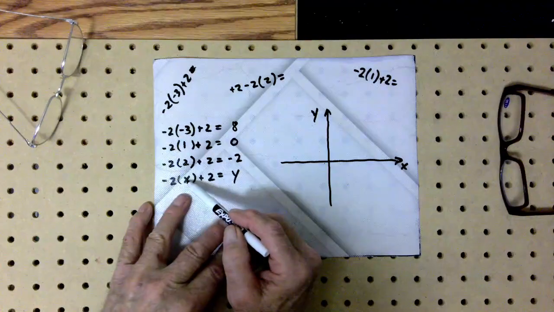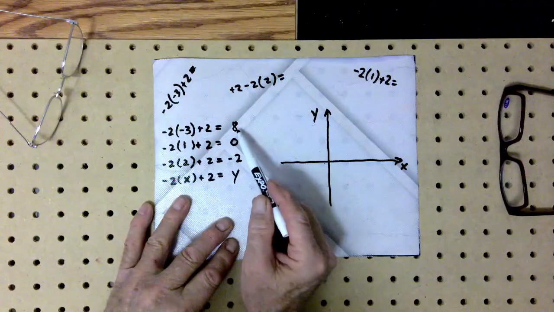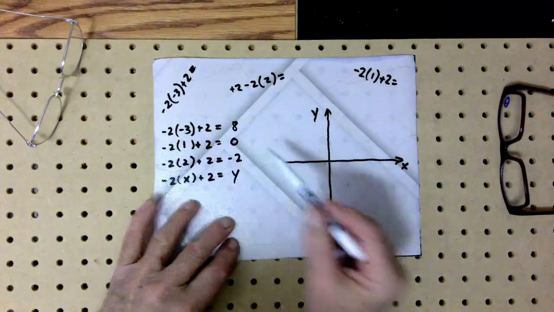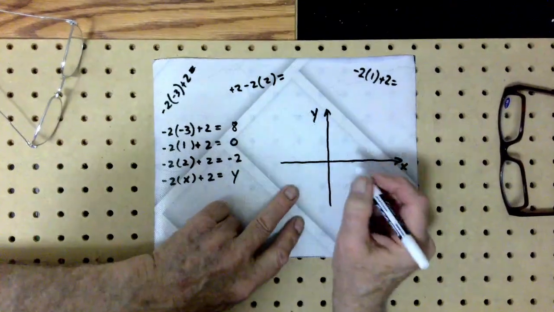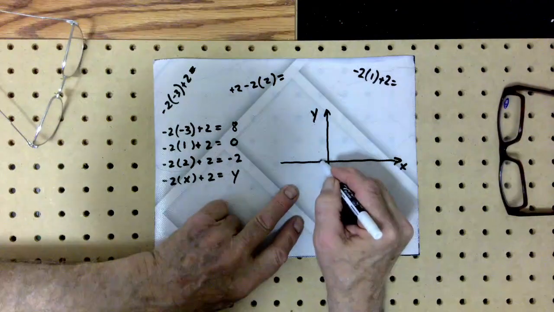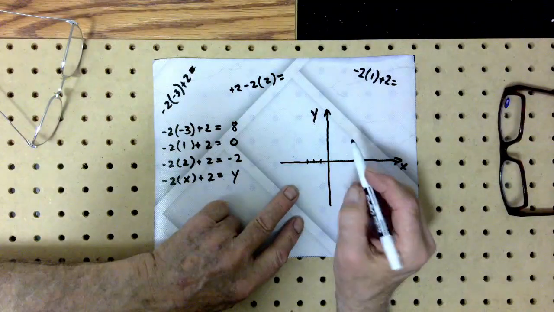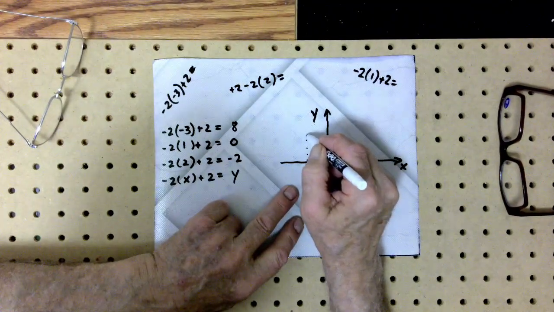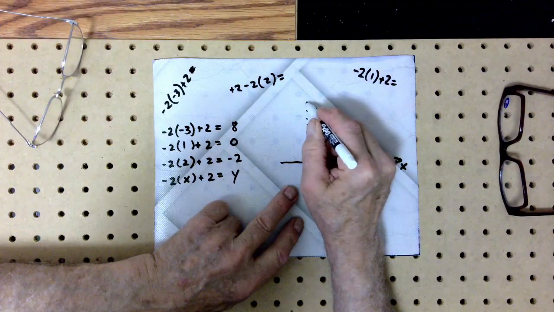And so when x is -3, we have +8 for y. When x is -3, y is +8. So let's go find -3 on the x axis here. -1, -2, -3 right there. And then where is +8? Up 1, 2, 3, 4, 5, 6, 7, 8.